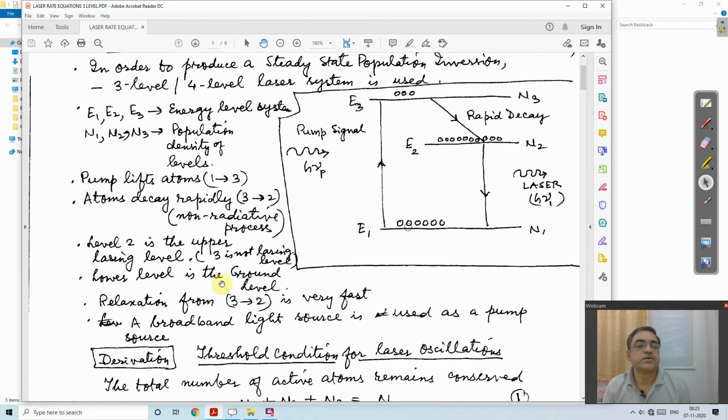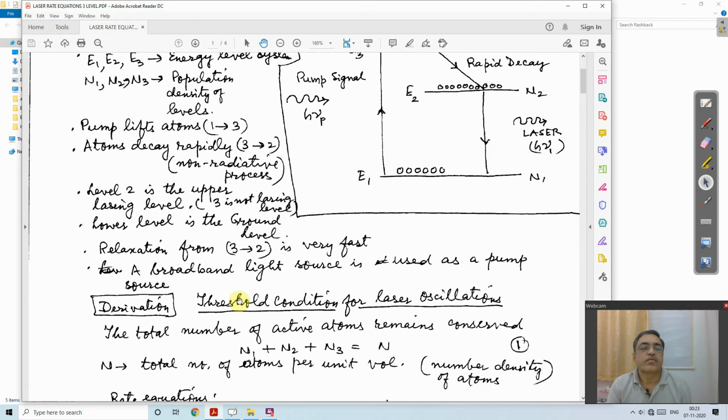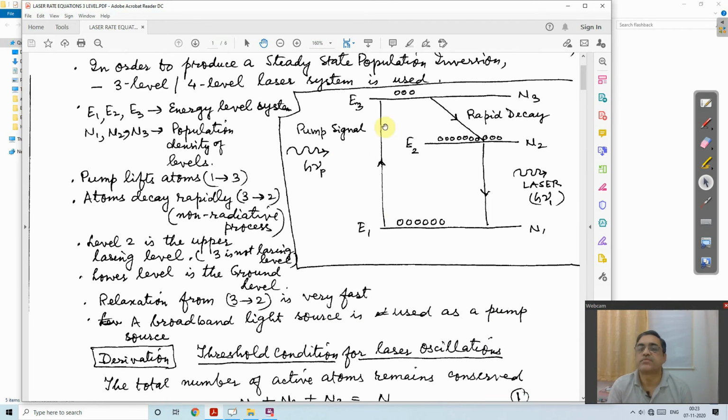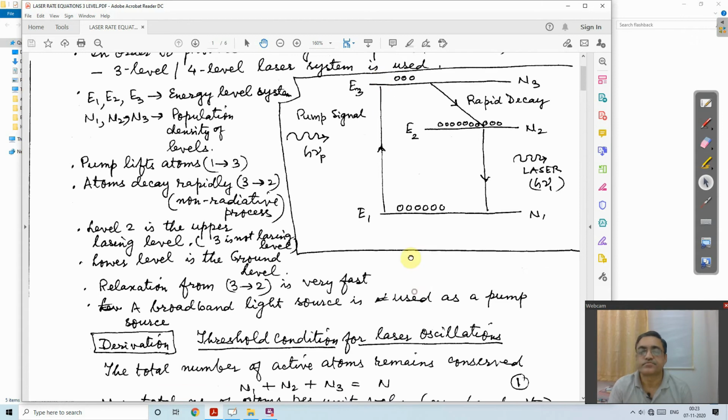As we discussed, level 2 is the upper lasing level, 3 is not a lasing level, the lower level is the ground level, and relaxation from 3 to 2 is very fast. A broadband light source is used as a pump source to lift the atoms up.